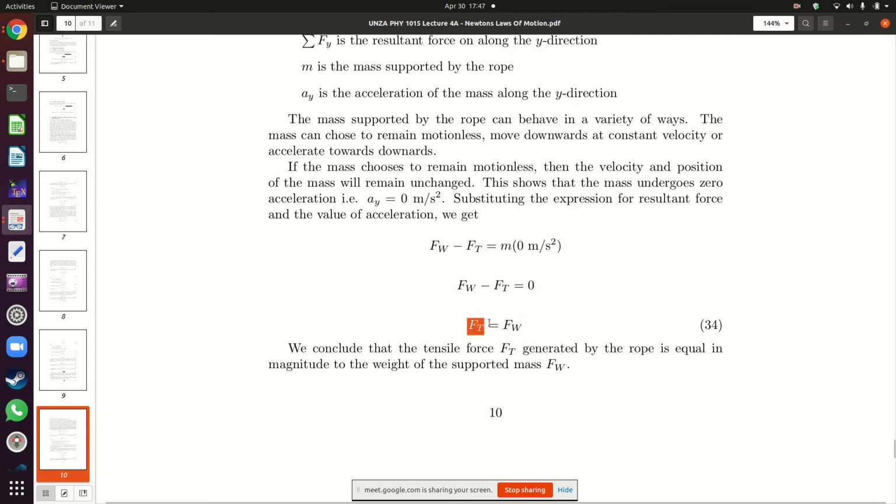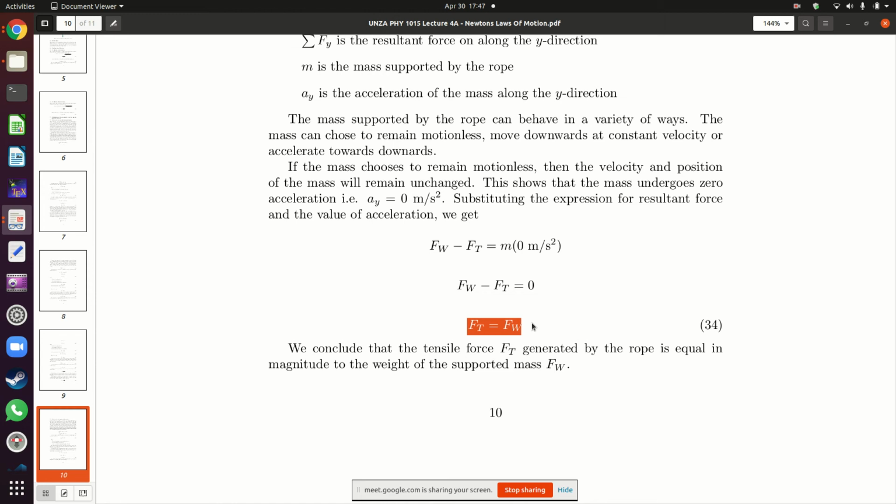This is an interesting result which happens when your rope is strong enough: the tension in the rope is going to try to generate a tension equal to the weight, as long as the mass is not moving. So if you see a mass hanging from a rope, just know that the tension in the rope is equal to the weight of that particular object. Are we clear?